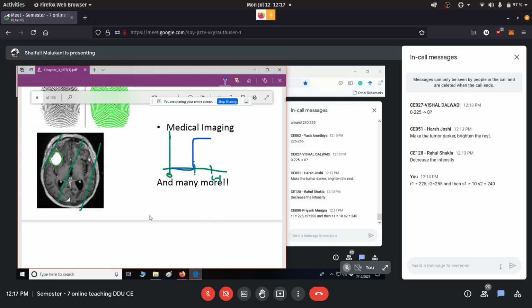Suppose the intensity range available of this tumor, assume that intensity range of this tumor is, say, I'm changing the range for my one more case I want to cover, 220 to say 240. This tumor has intensities in the range of 220 to 240. So how will this type of transformation look like?